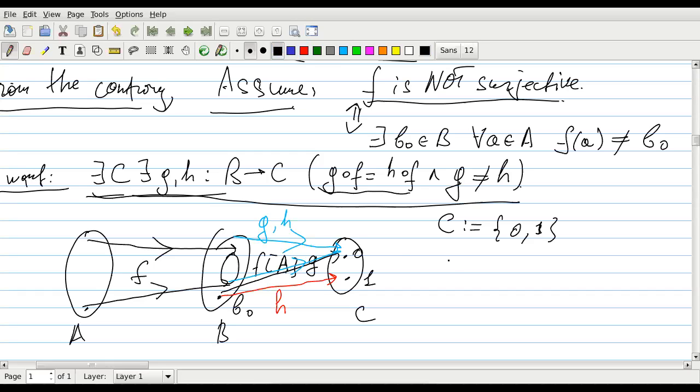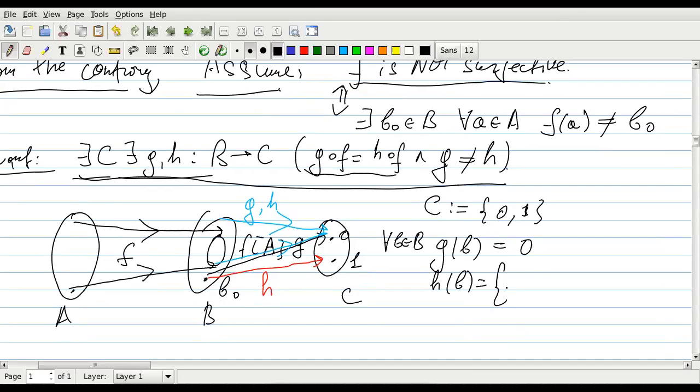So we have the following for G: G maps every point from B to 0. And what about H? What is the equation for H? It is 1 if b equals b0.